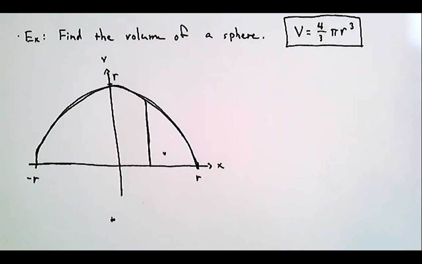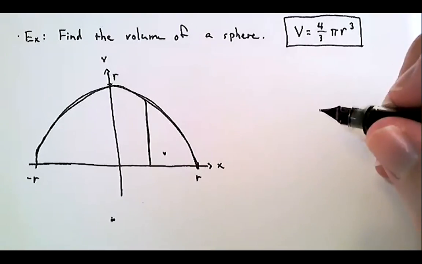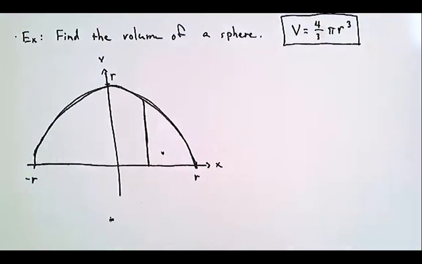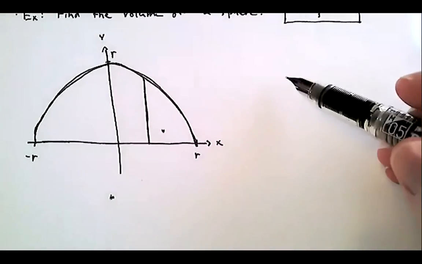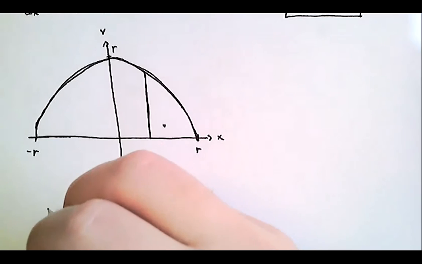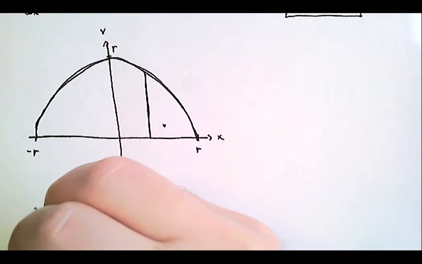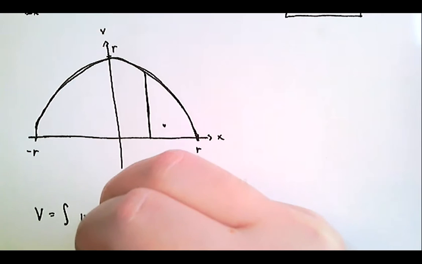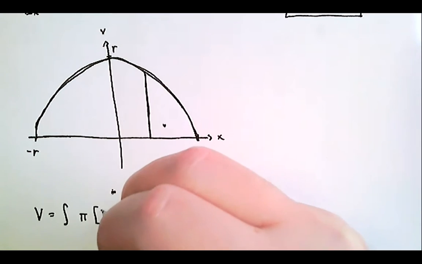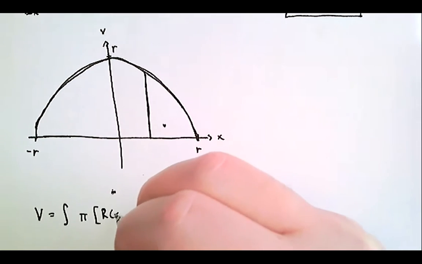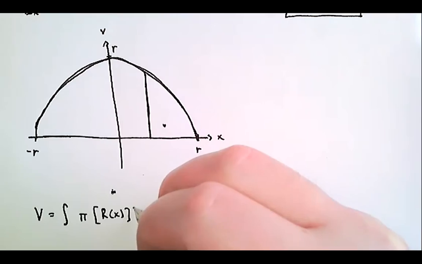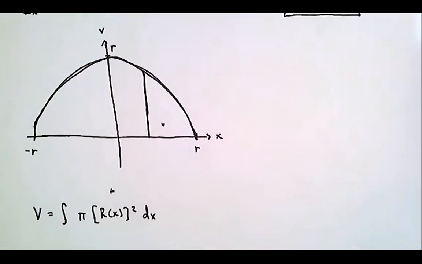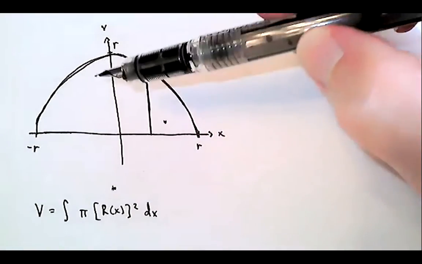Okay, so our formula, we're going to be using the same formula. Let's see, I'll reserve this space for some geometry kind of things down here. We'll just write it, the pi r squared business. What are my limits of integration going to be?